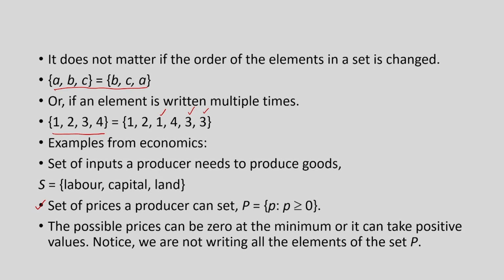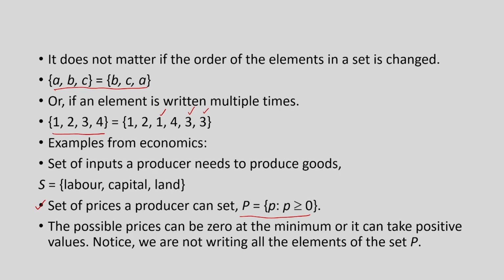And look how I am writing this. Capital P is equal to small p such that p is greater than or equal to 0. What is meant by this is what is written below. The possible prices can be 0 at the minimum or it can take positive values.